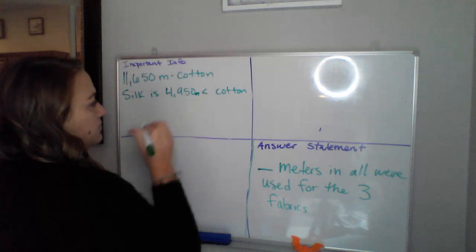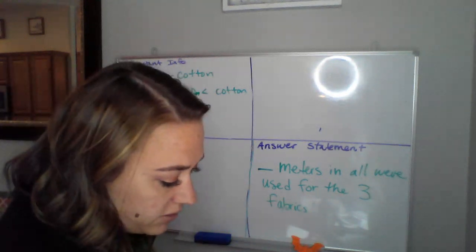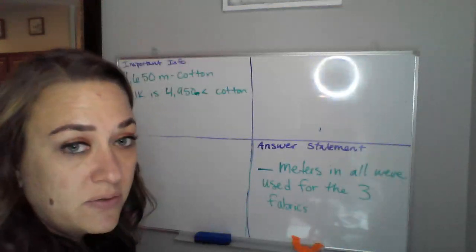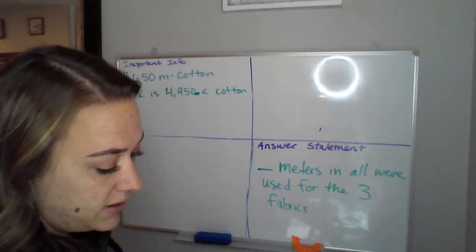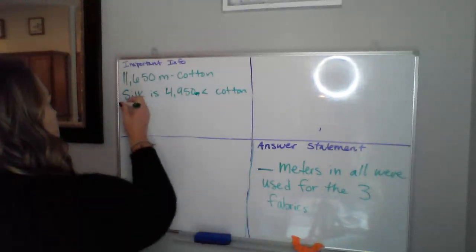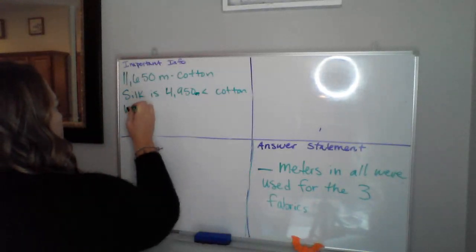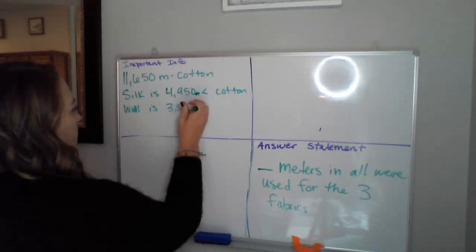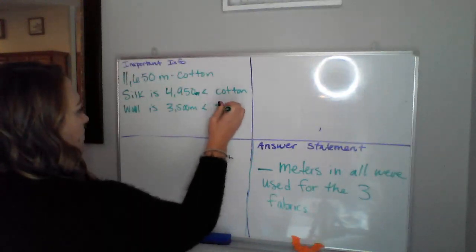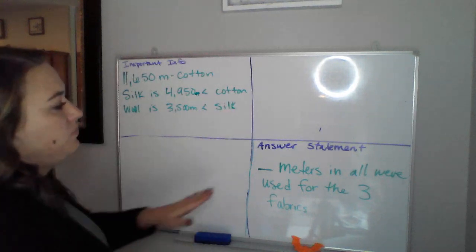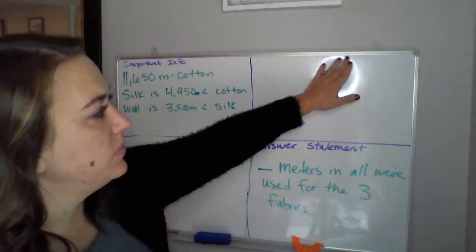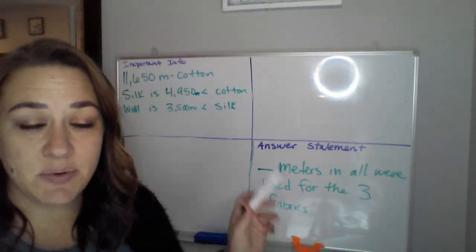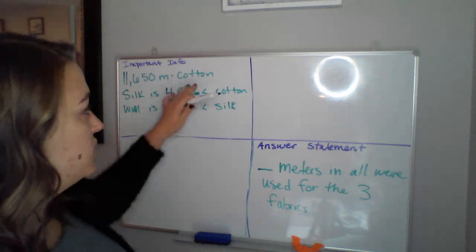I'm going to add my unit in there. And then our third is 3,500 fewer meters of wool than silk. So I know that wool is 3,500 meters less than silk. So we still don't know our totals for each of the materials, but we do know our total for cotton.